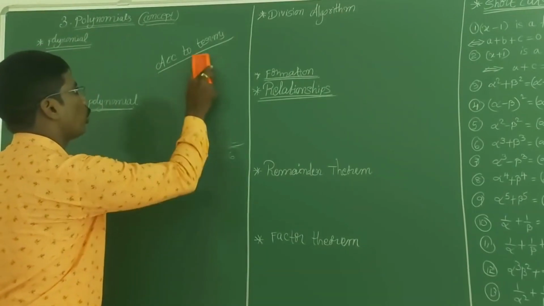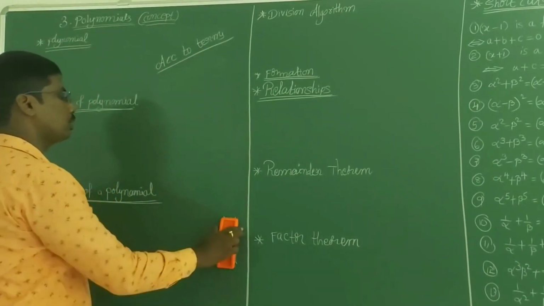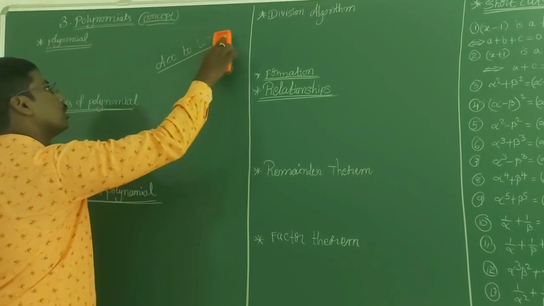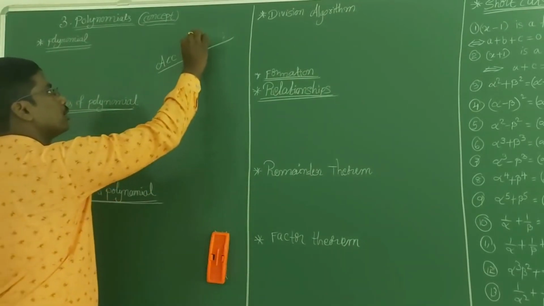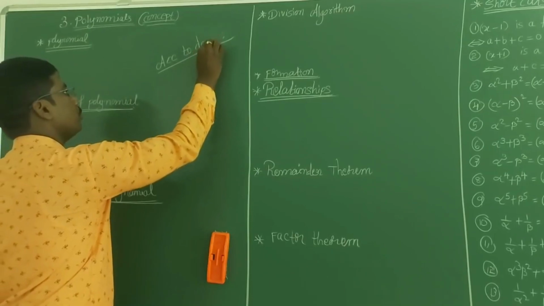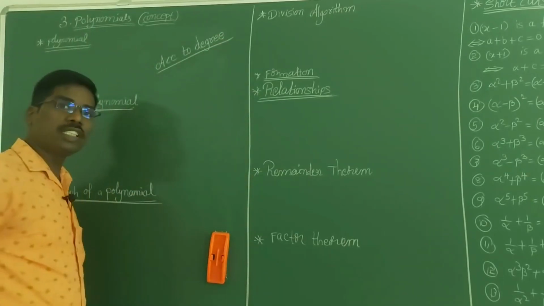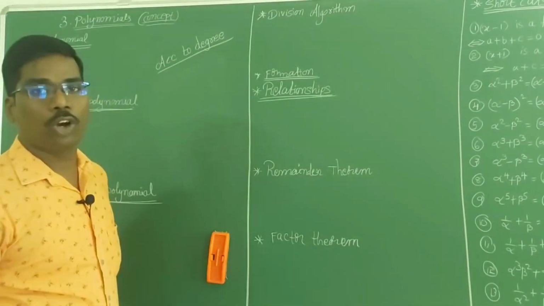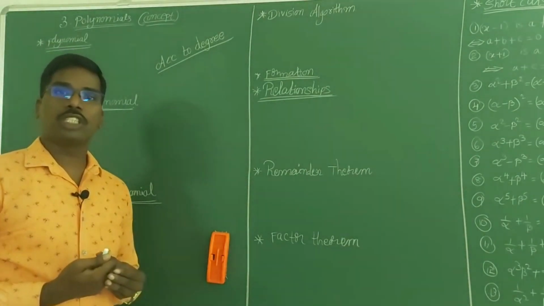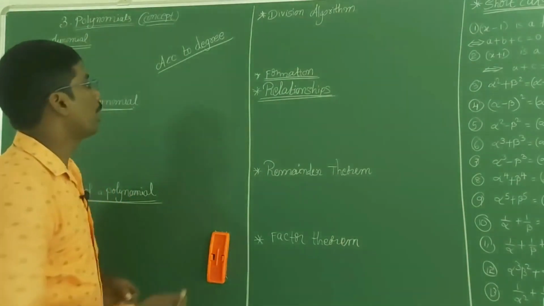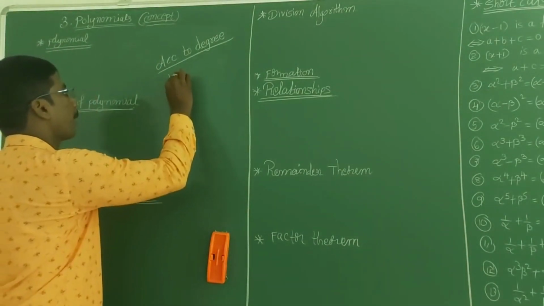Now we will discuss types of polynomials according to degree. A polynomial which is having degree 1, that is called linear polynomial.